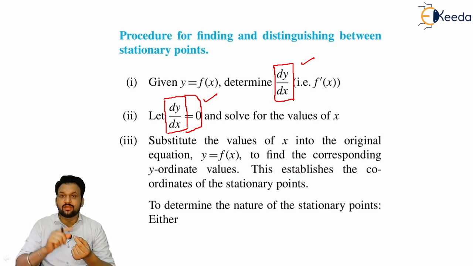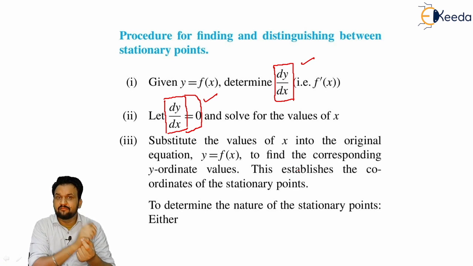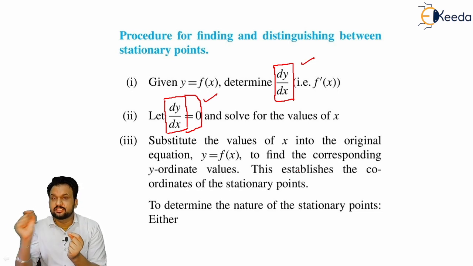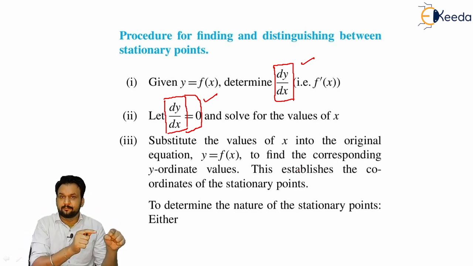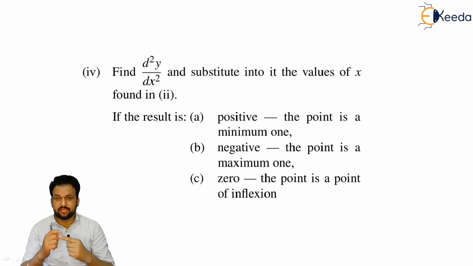Stationary points mean where the function is at a maximum or a minimum. When you set dy by dx equal to 0, you get some points like x is equal to 2, x is equal to 1, whatever. These points are known as stationary points. Clear?